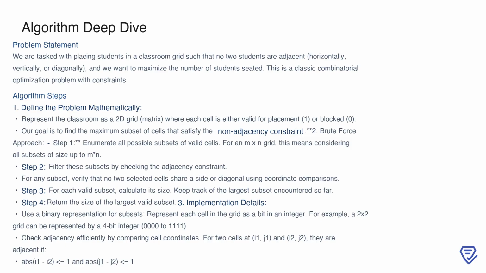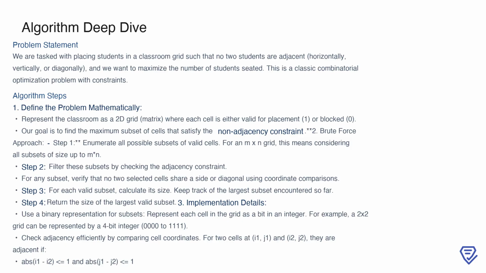A straightforward way to approach this is by brute force. We start by enumerating all possible subsets of valid cells in the grid, which involves considering all combinations of grid cells for placement. Next, we filter these subsets by checking if they meet the adjacency constraint. For each valid subset, we calculate its size and keep track of the largest one.